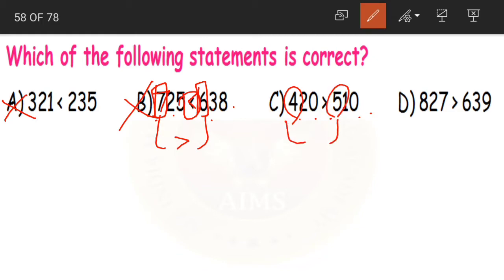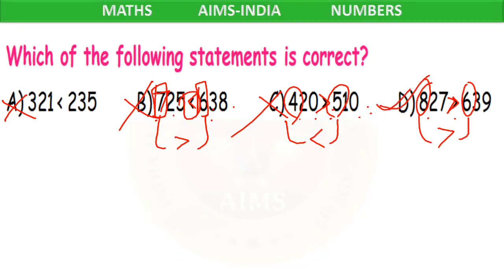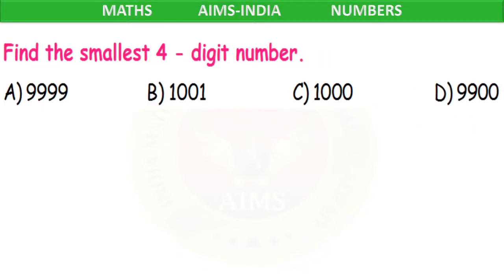If we compare 4 and 5, 4 is less than 5 but not greater. So again this is wrong. Next, the last option, 827 greater than 639. If we compare 8 and 6, 8 is greater than 6. Yes or no? Yes. Here also it is written as greater than. So option D is our correct answer.